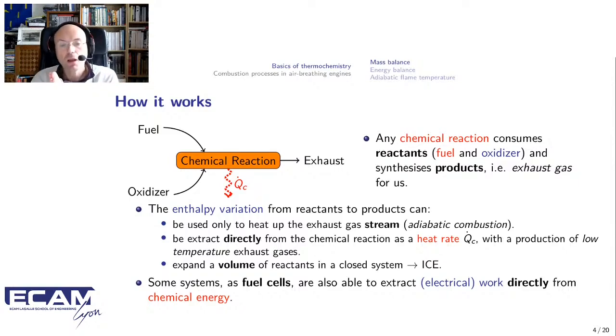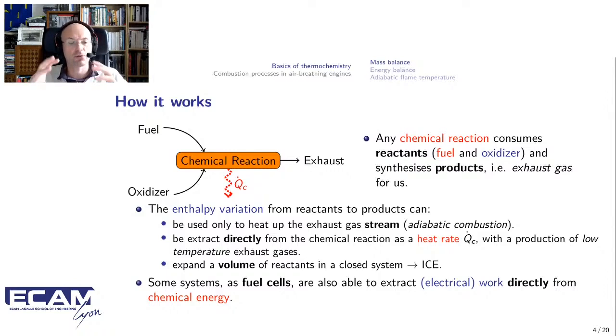Okay. On this enthalpy variation, for a useful purpose, so for the purpose of producing something which is useful for us, it can be done in three different ways. The first way is the one we will consider this afternoon. So we just heat up the gas stream.